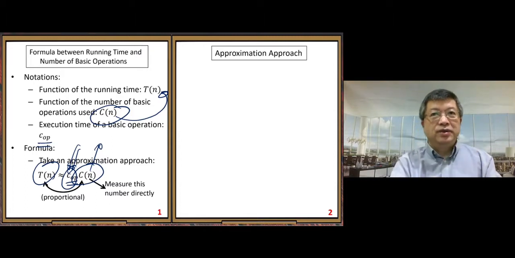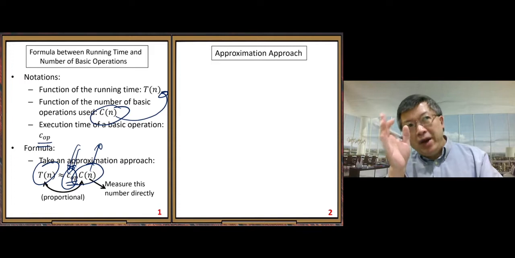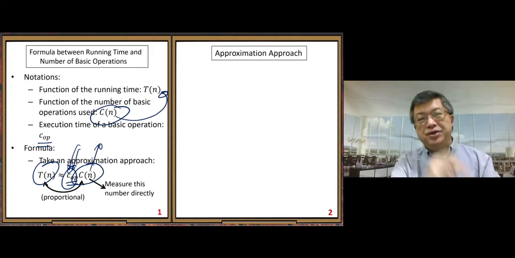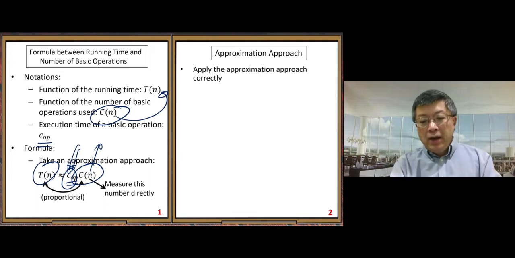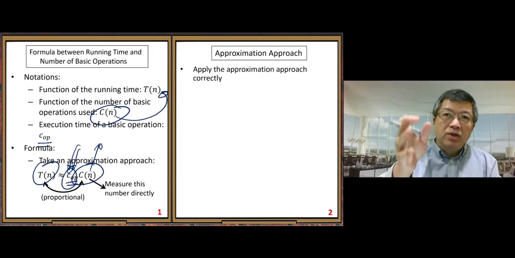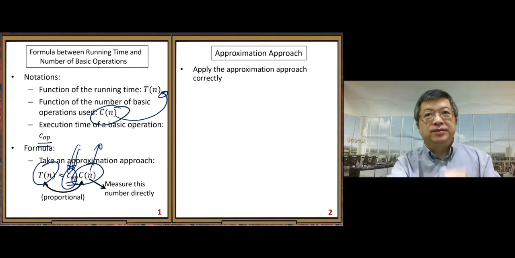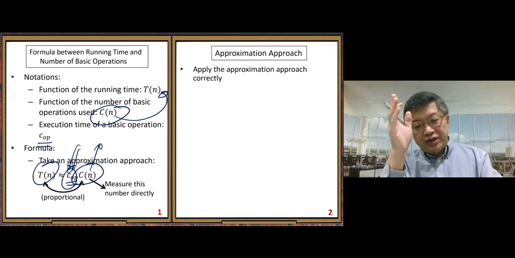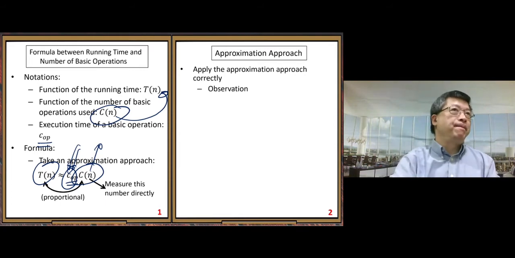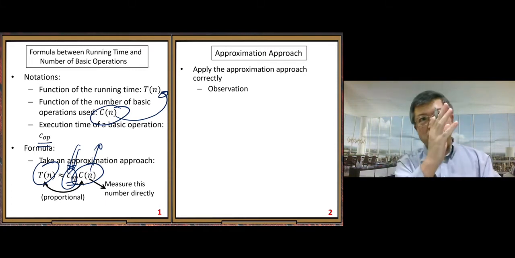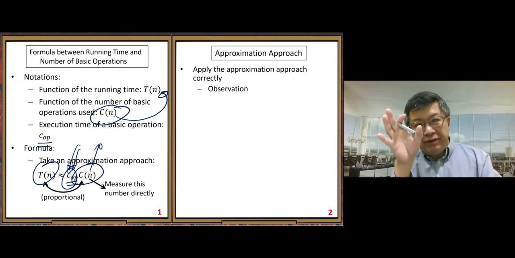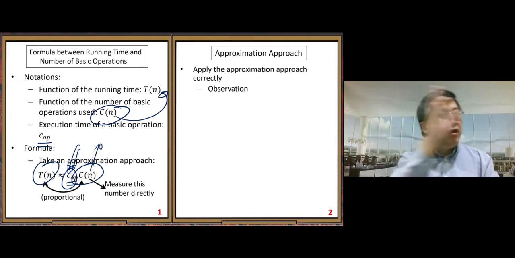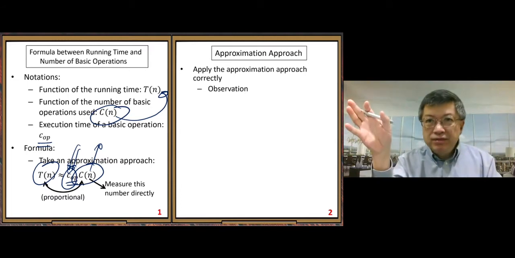Approximation approach. All right, so now we try to get a better understanding for the analysis, to apply the approximation approach correctly. First, let's do a key observation. When we study an algorithm, we count the number of operations for different data sizes.